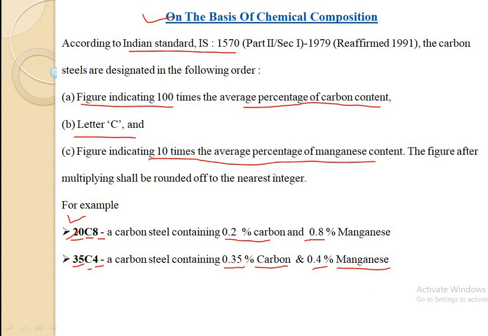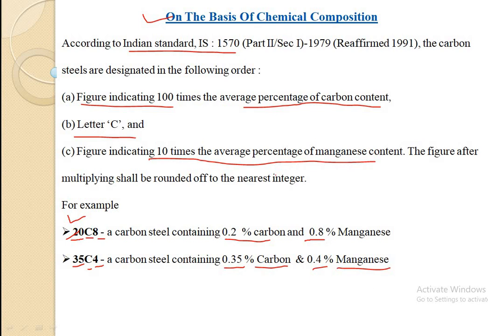This is the basis for designation of mild steel on the basis of chemical composition. In the previous slide we have seen how mild steels are designated on the basis of mechanical properties. In this slide we have seen how mild steels are designated on the basis of chemical composition.